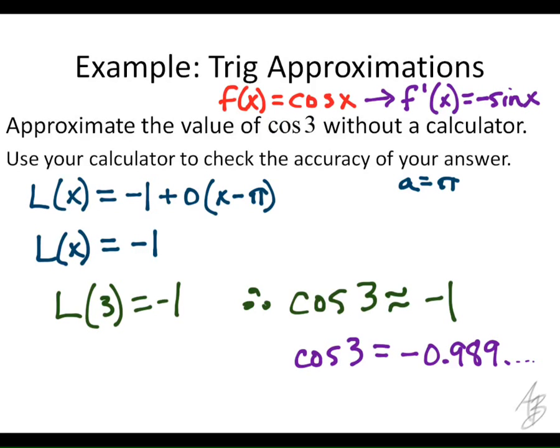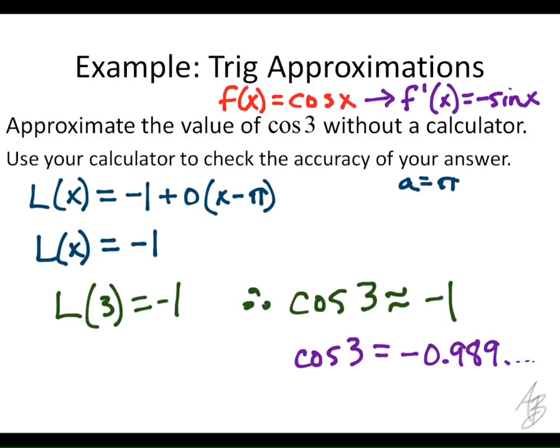Okay. How close are we? I mean, we're about 1/10 away, right? So that's pretty close. Depending on what we're doing with it, that's probably close enough. As long as we're pretty close to pi, that's going to be pretty close. If we wanted to find the cosine of 3.1, that would be even closer to -1, right?